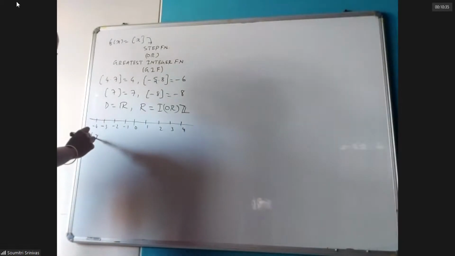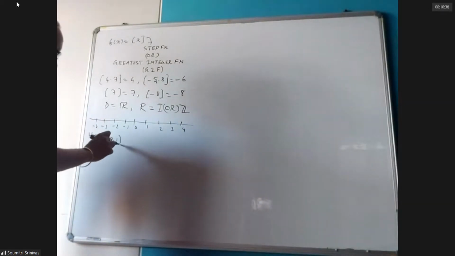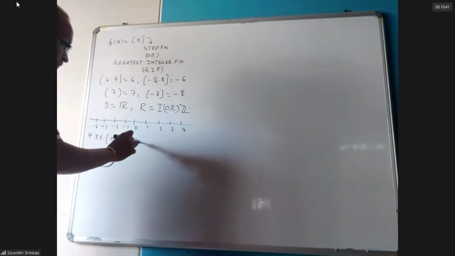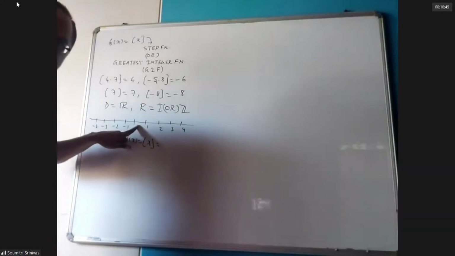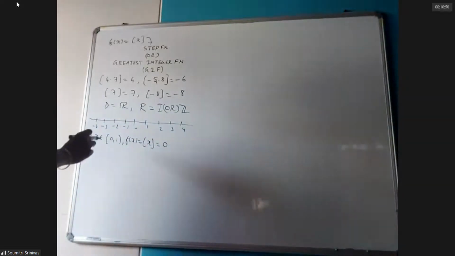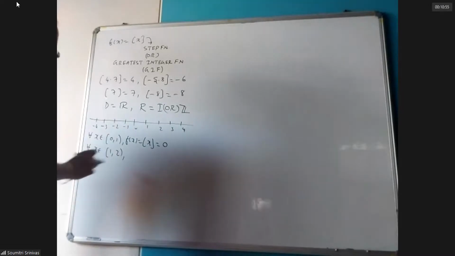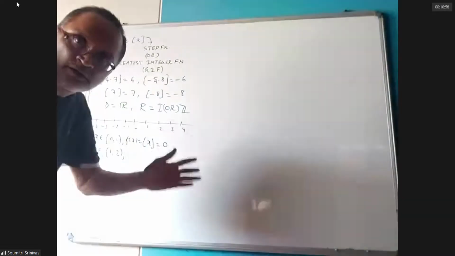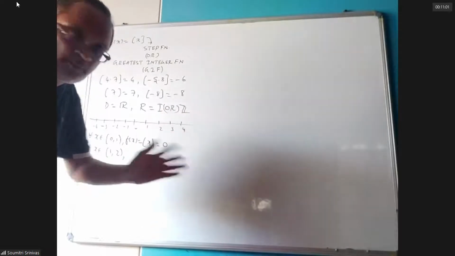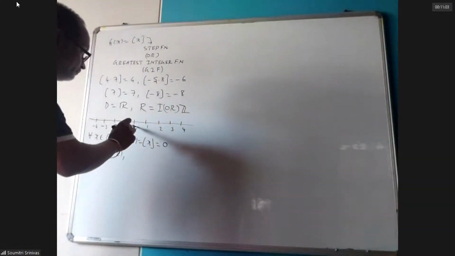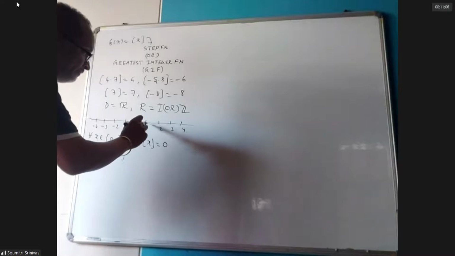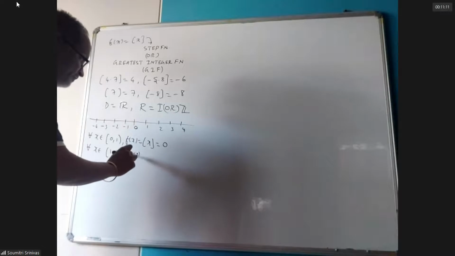For all x belonging to closed 0, open 1, f of x is equal to step x. For all real numbers between 0 and 1, what is the step value? 0. For all x belonging to closed 1, open 2, 1 included, what is step x?